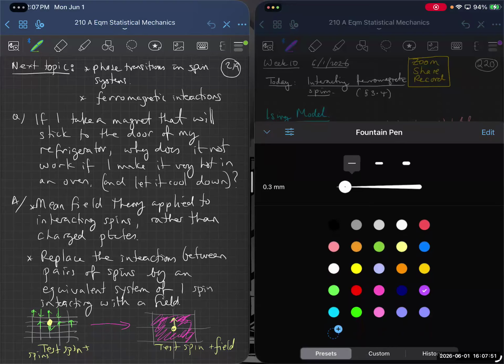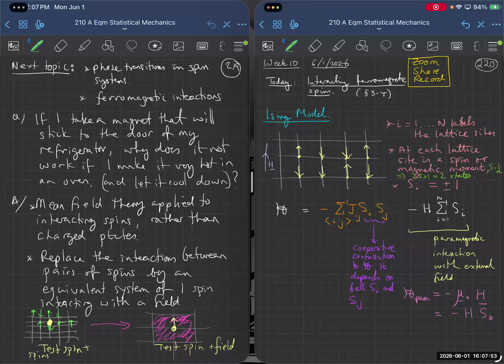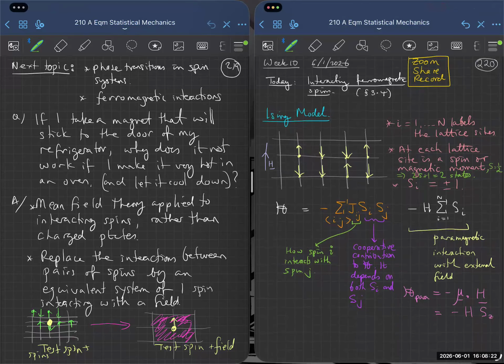Then we have this quantity, which I've called J_ij. You can think of this as how spin i interacts with spin j. In general, they may not be nearest neighbors.